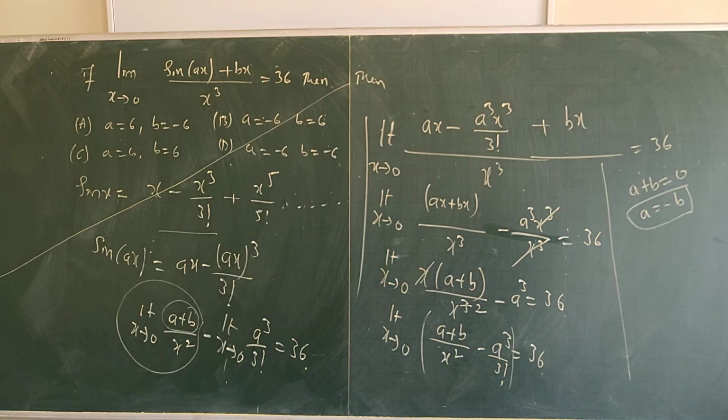So a you got means b is the negative of the answer. So a is equal to 6, then b is equal to minus 6.